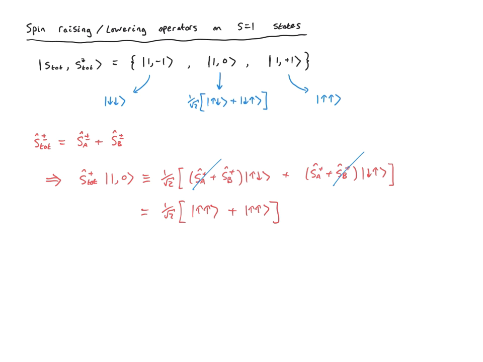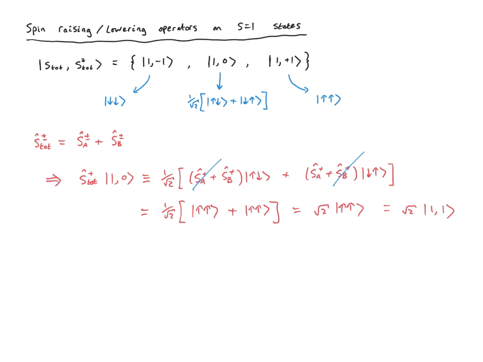Overall, we have 2 over root 2, which is root 2 times up-up. This is, of course, root 2 times the spin 1 Sz equals 1 state. So we've seen correctly that when we apply the total spin raising operator to our state 1, 0, we generate 1, 1. We get this coefficient here of square root 2.